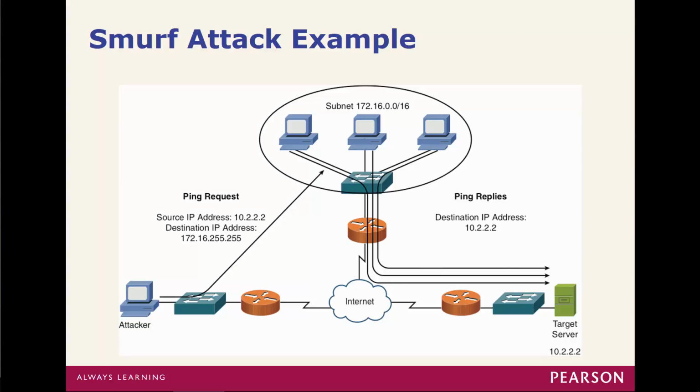Next, we have a Smurf attack. A Smurf attack is just a distributed denial of service attack, which again, normally will have an attacker, and we could then direct a botnet to target a specific resource.